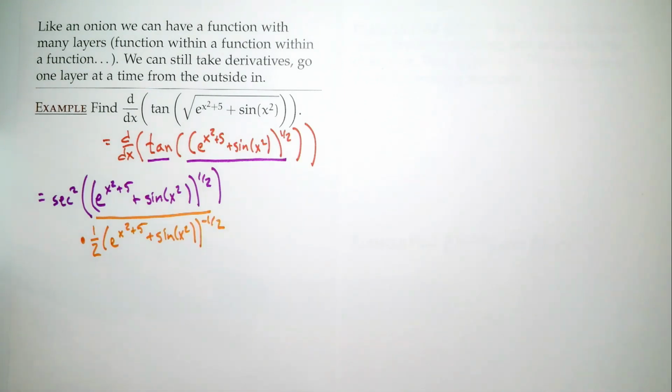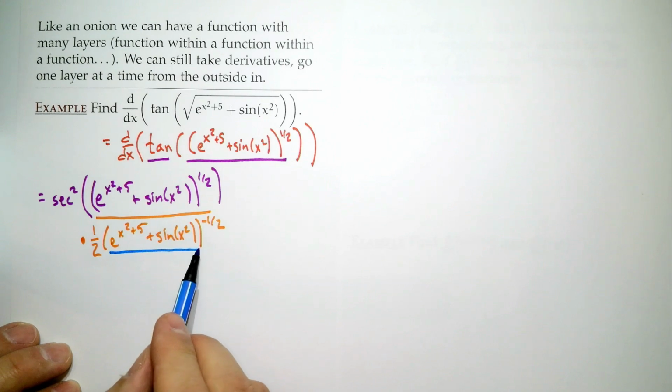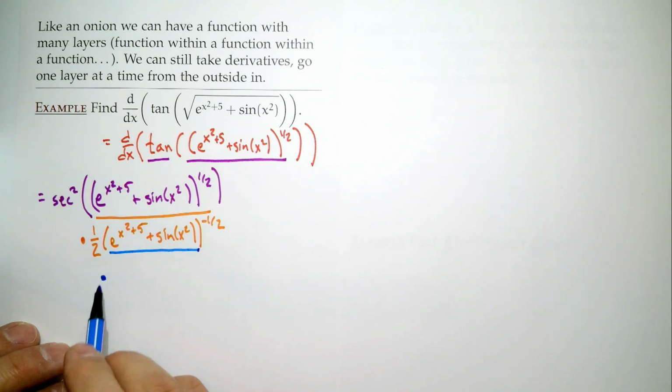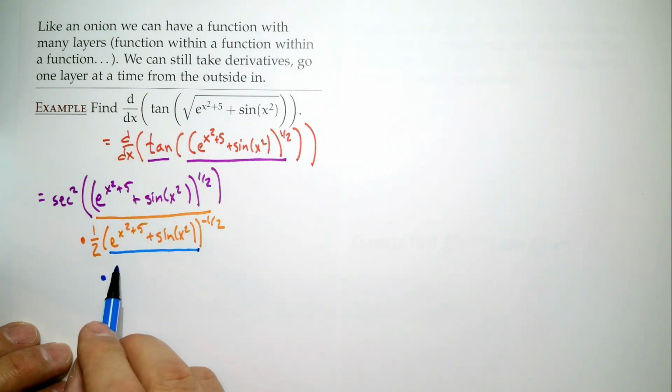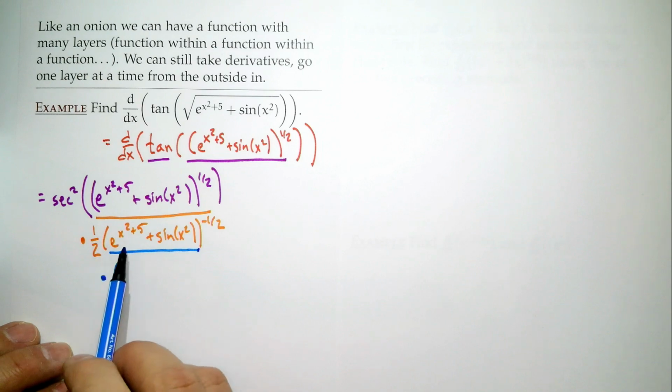All right, are we done? No, what are we missing? By the chain rule, we have to take the derivative of the inside. So we multiply that expression by this derivative. We're getting closer. Our onion is nearing the core.